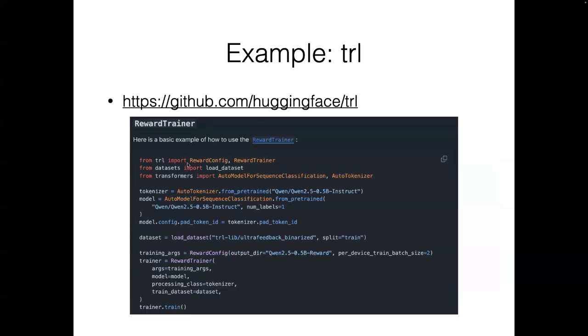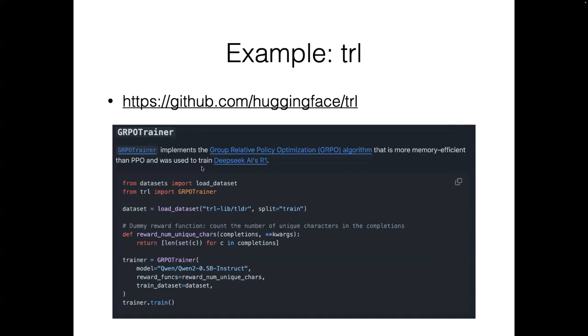Here's the reward modeling step. This assumes that you've collected your preference data set. Here they have this preference data set called UltraFeedback Binarized. And then they've again abstracted training the reward function into this trainer.